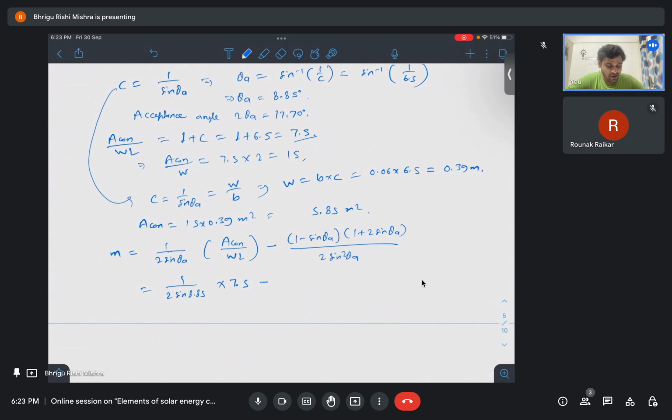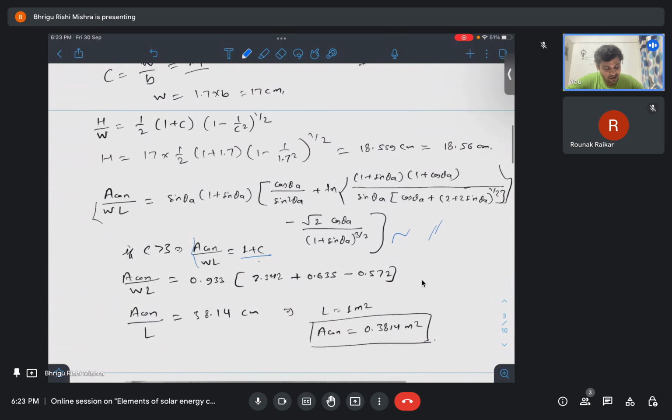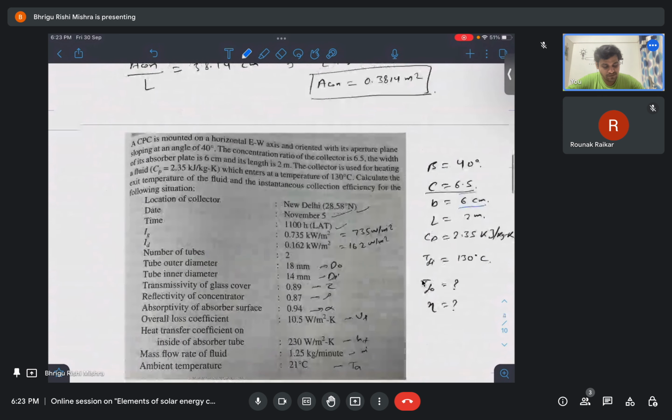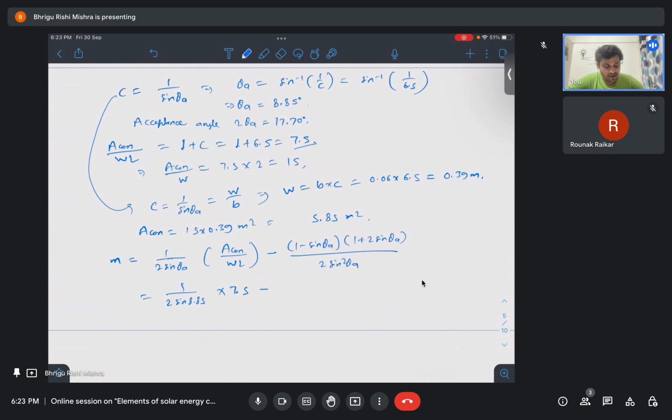This is simply 1 plus C, that is 7.5, and if you put the sine theta value here, you will get around 7.52 or 53. Okay, so both are nearly equal. That is why this is an approximation, this 1 plus C when C is greater than 3.